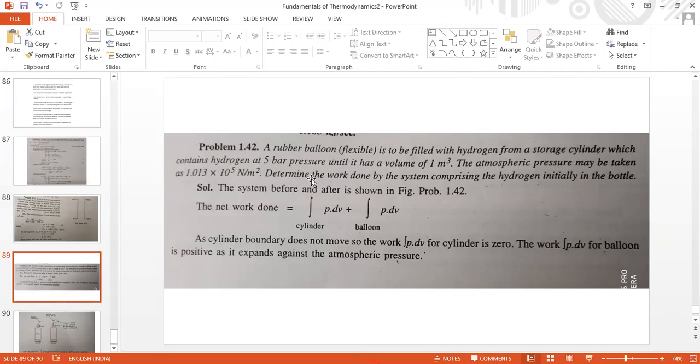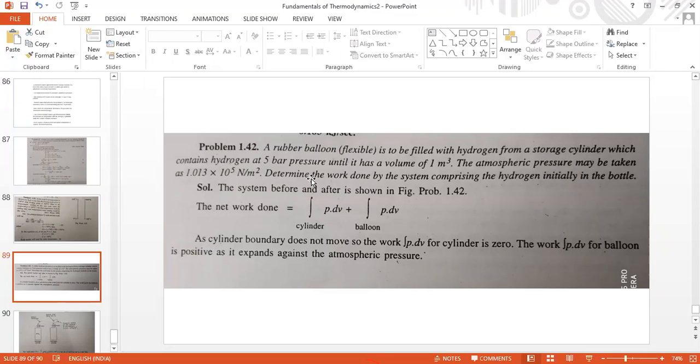Now the remaining are all simple things. The atmospheric pressure may be taken as 1.013 into 10 power 5 Newton per meter square. Determine the work done by the system comprising the hydrogen initially in the bottle.